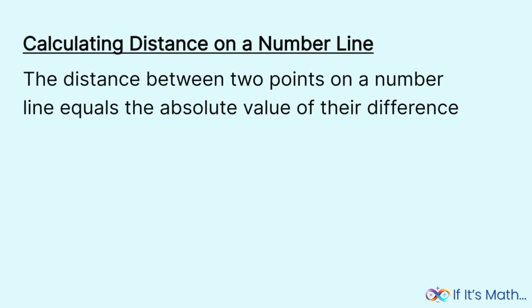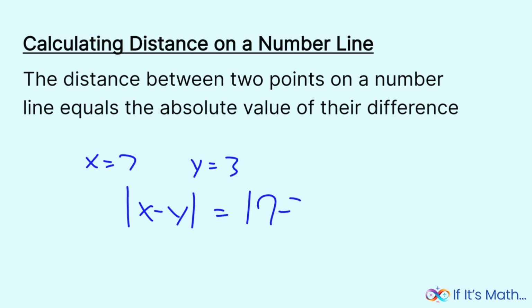So if you're looking for the distance between x equals 7 and y equals 3, just do the absolute value of x minus y, which is the absolute value of 7 minus 3, which is 4.